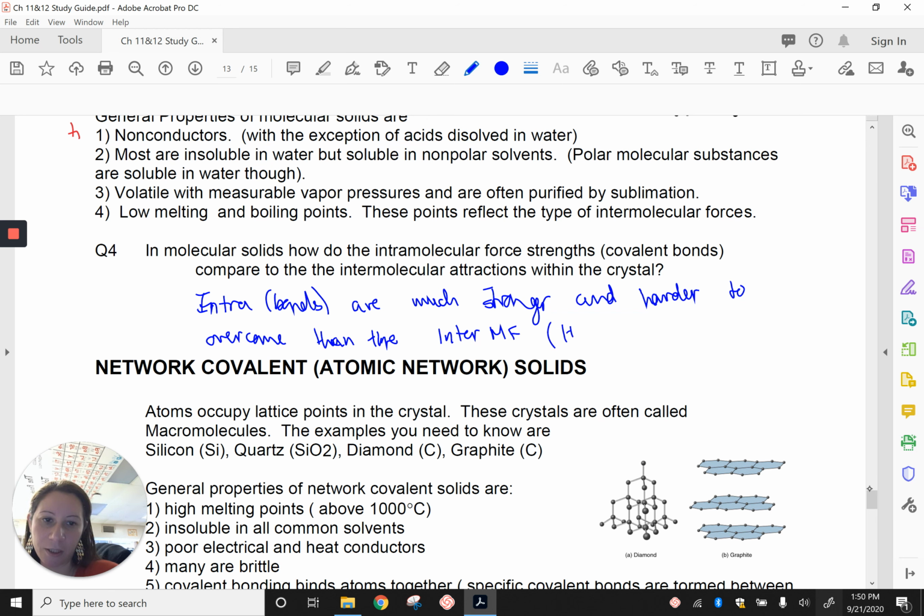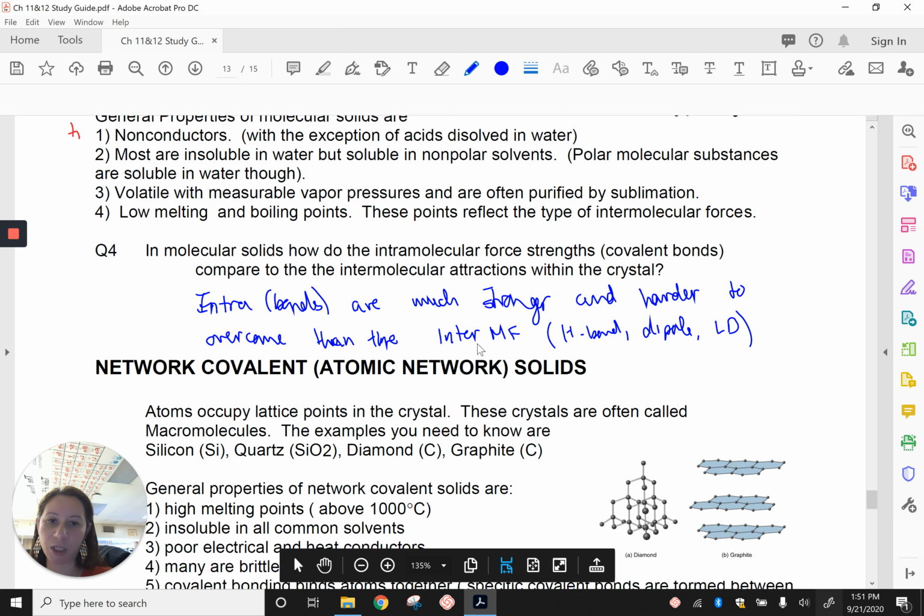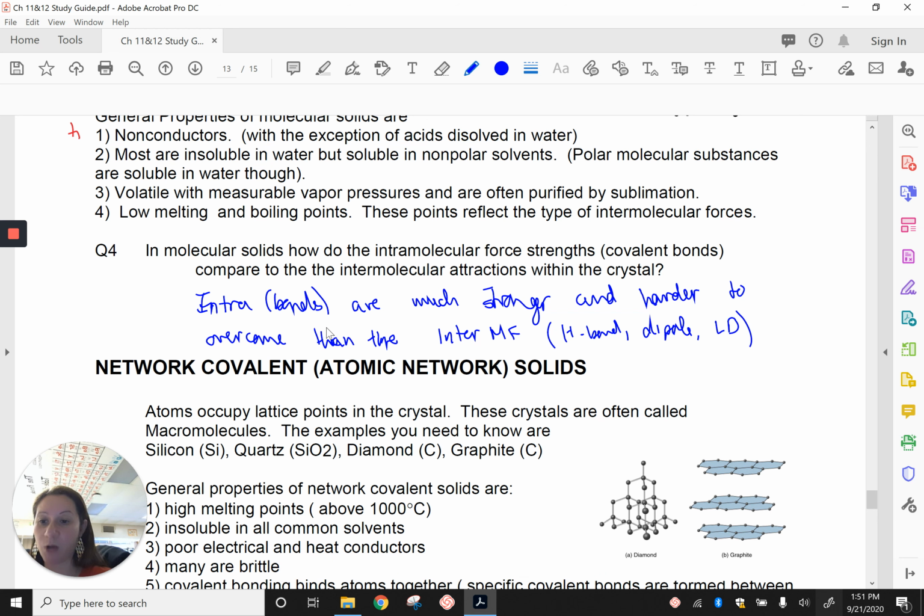So those would be the H bond, dipole, and London dispersions. So it's much easier to overcome these intermolecular forces because they're much weaker. So it's easy to vaporize something versus to break its bonds and actually form a new substance.